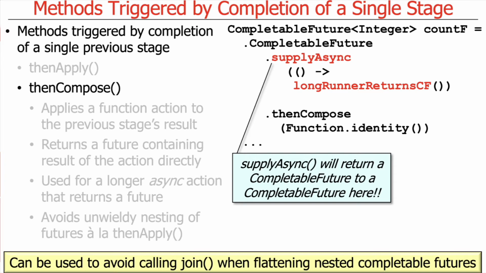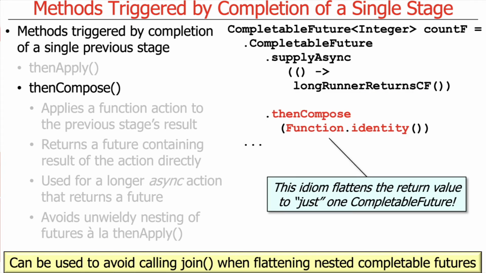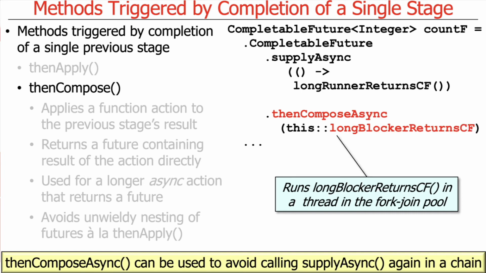You can also do some other tricks here. This is something that I don't necessarily recommend, but just be aware that it exists. You can also use a supplyAsync with a long-running computation that returns a completable future, and then you can use thenCompose with Function.identity, and that will basically do some additional denesting if you need that.